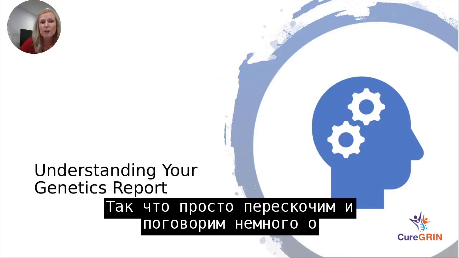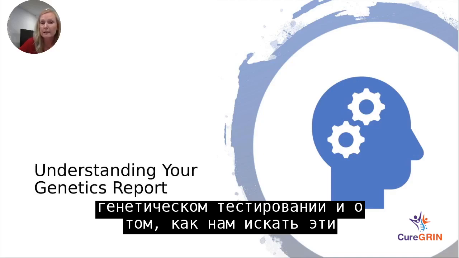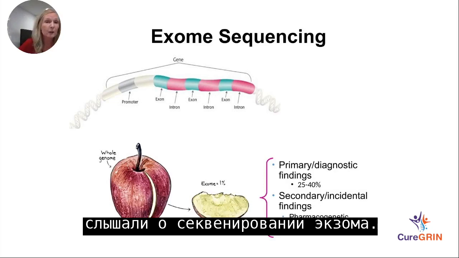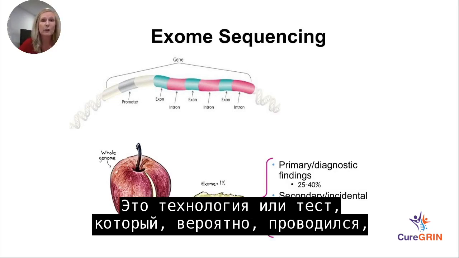So, just skipping forward to talk a little bit about genetic testing and how we look for these variants in these genes. Nowadays, most people may have heard of exome sequencing. This is a technology or a test that has come about probably in the last 5 years.